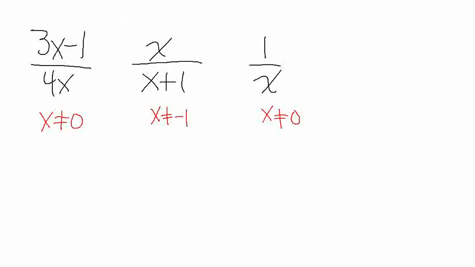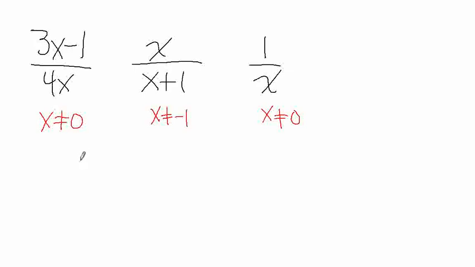Another point I want to make in this introduction is that rational expressions can be simplified. You can reduce rational expressions similarly to how you reduced fractions in the past. In order to do that, however, you need to factor the top and bottom.